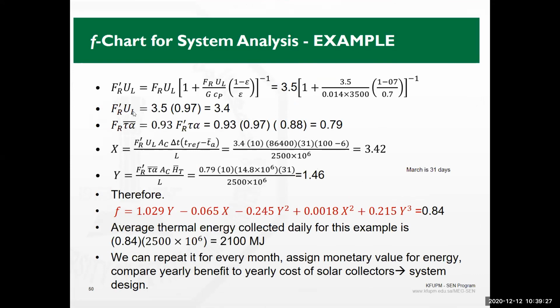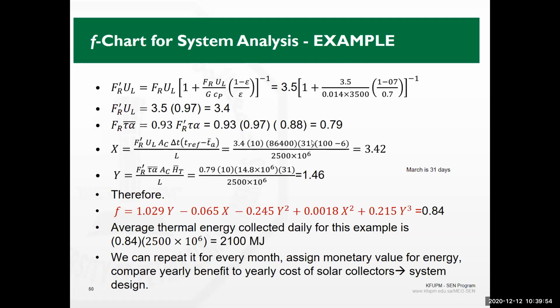So the value of FRUL is being calculated. The FR tau alpha, with the averaging for the tau alpha taken into consideration, has been calculated as 0.79. You substitute these two values into the expression of X and Y, then you can get the values of X and Y given here.